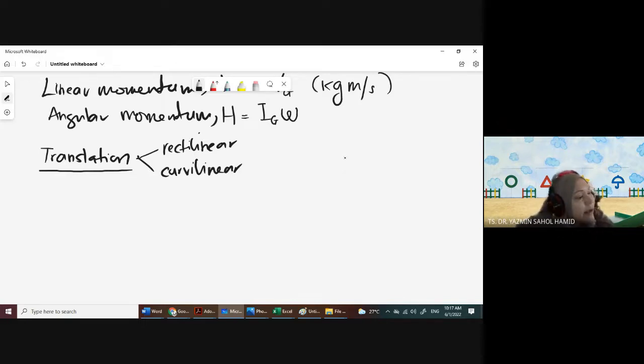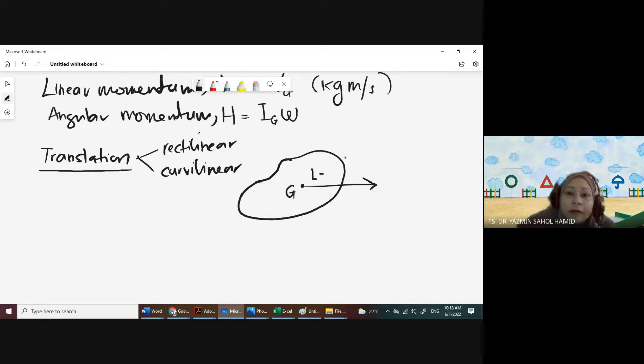And remember, I drew you a free body diagram like this. Since this is linear momentum, L equals to m vG. We're assuming that the velocity is going that way.